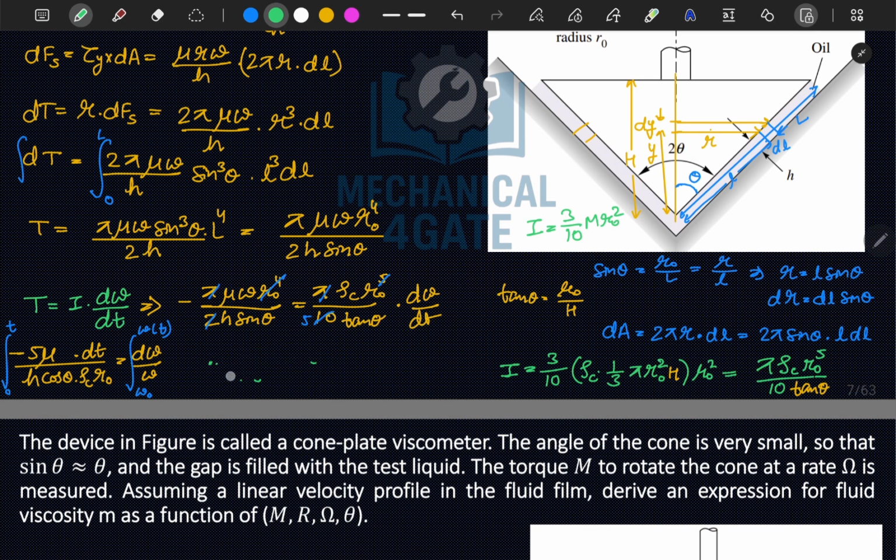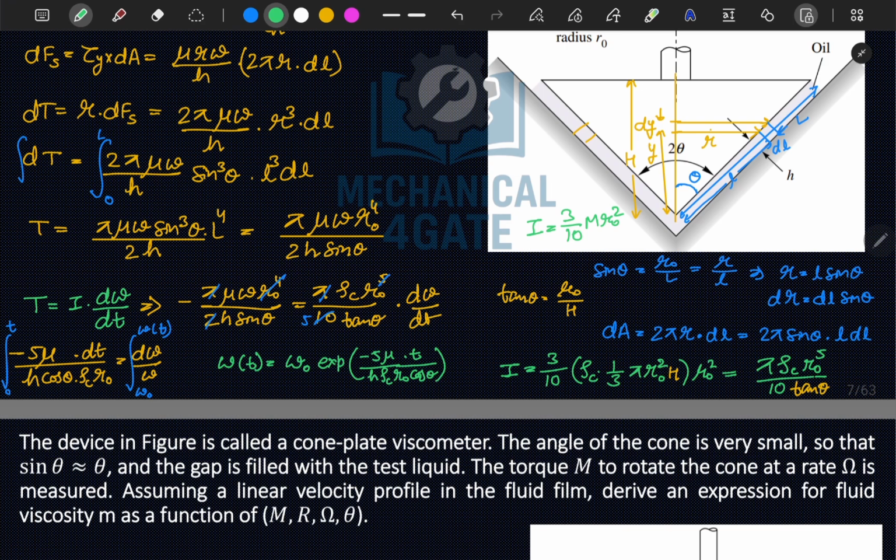Or we can write omega t is equal to omega naught times exponential of minus 5 mu by h rho c r naught cos theta times t.